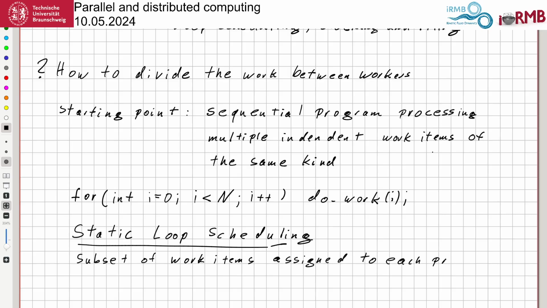They should usually be non-overlapping, so each one gets their own, which the others don't get. And the subset that is assigned to a worker does not depend on the output of the work.